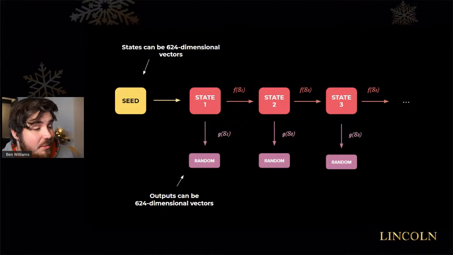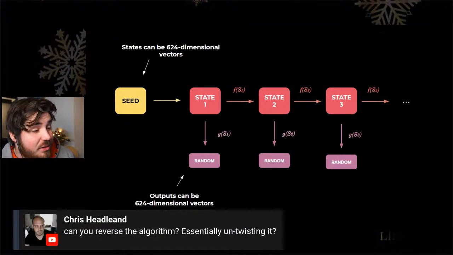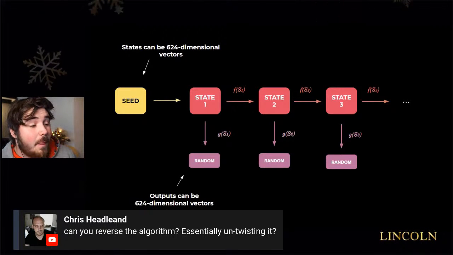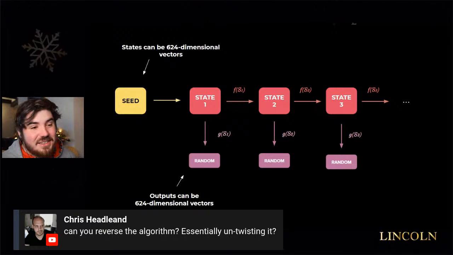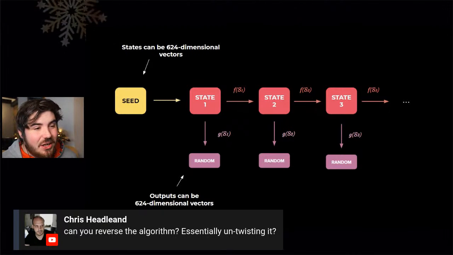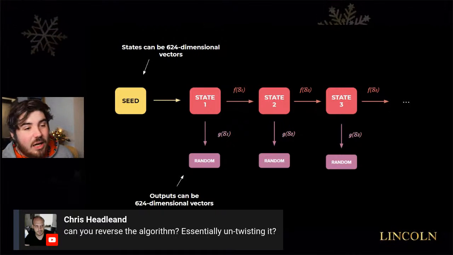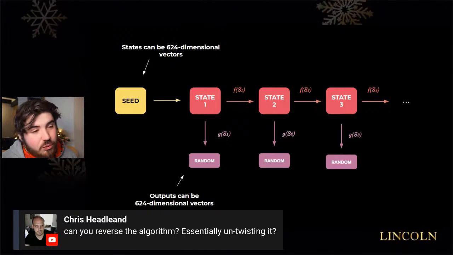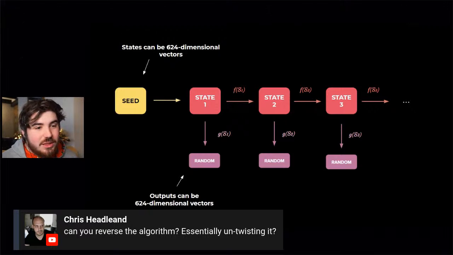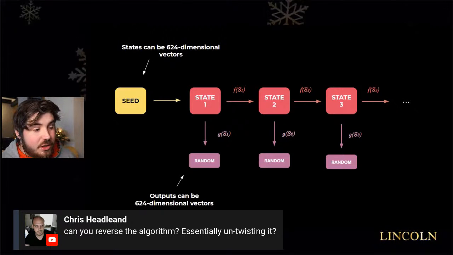Got a question from Chris. Can you reverse the algorithm, essentially untwisting it? So that's a really good question, actually, because it gets into the nature of twisted LFSRs. As far as I'm aware, no, you can't, because to go from state 2 to state 1 using this twisting process, you'd need the previous values in the shift register.